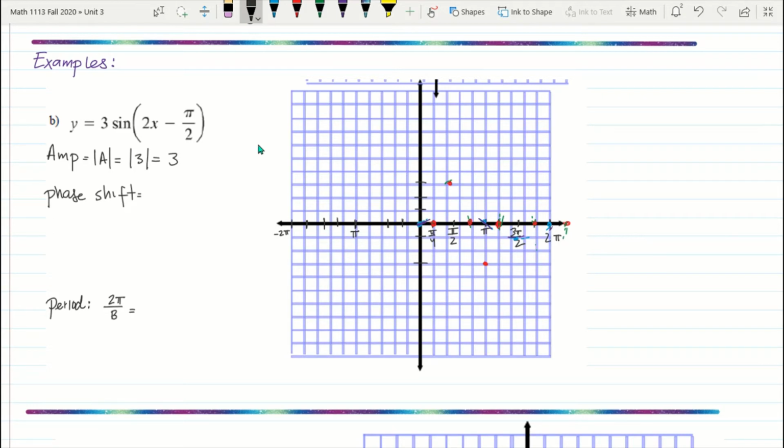Then something that's called the phase shift. The phase shift is how much it's moving left or right compared to the original graph. To find that, we'll take whatever is in parentheses, set it equal to 0, and solve for x.